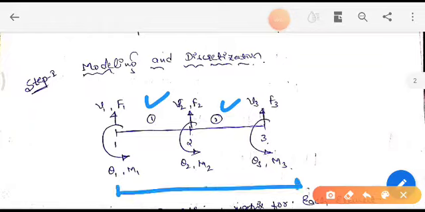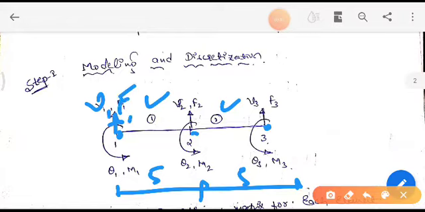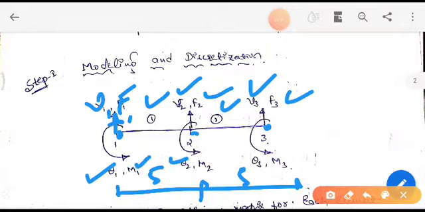The length of the beam is 5 meter plus 5 meter, and we have three nodes, node 1, 2, 3, and in each node we have vertical deflection V1 due to force F1. Here we have V2 due to force F2. Here we have V3 due to force F3. Similarly, we have angular displacement theta 1 due to moment M1, theta 2 due to M2, and angular displacement theta 3 due to M3.